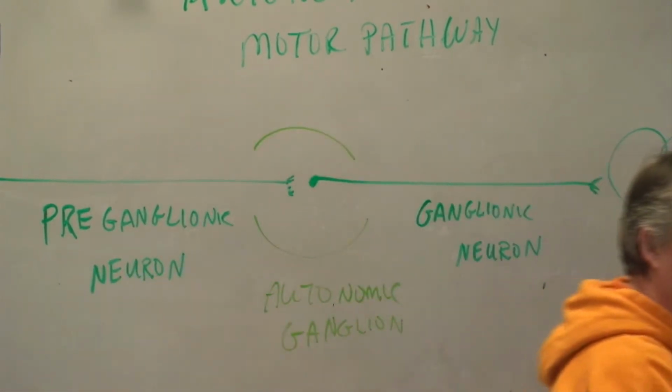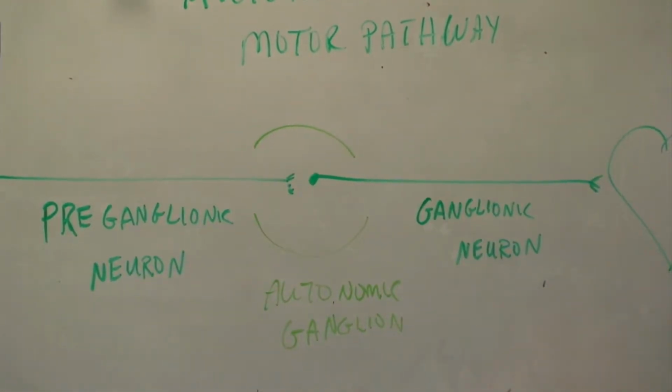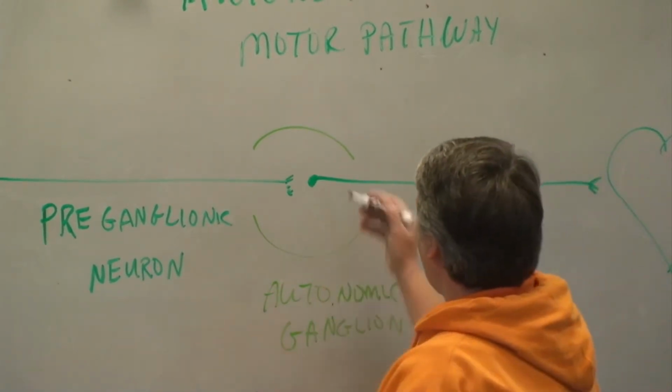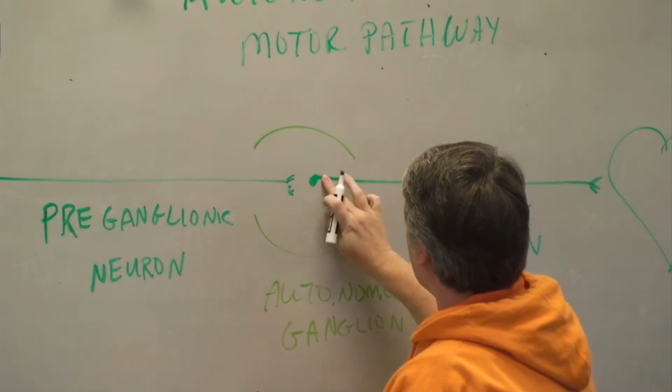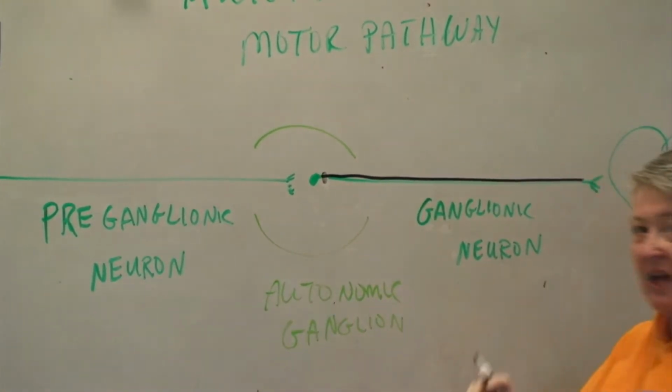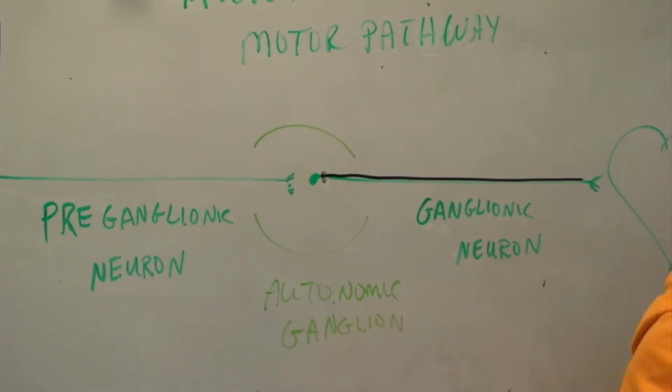So you would never call it a post? Wait a minute, hang on. The axon is called a postganglionic axon.